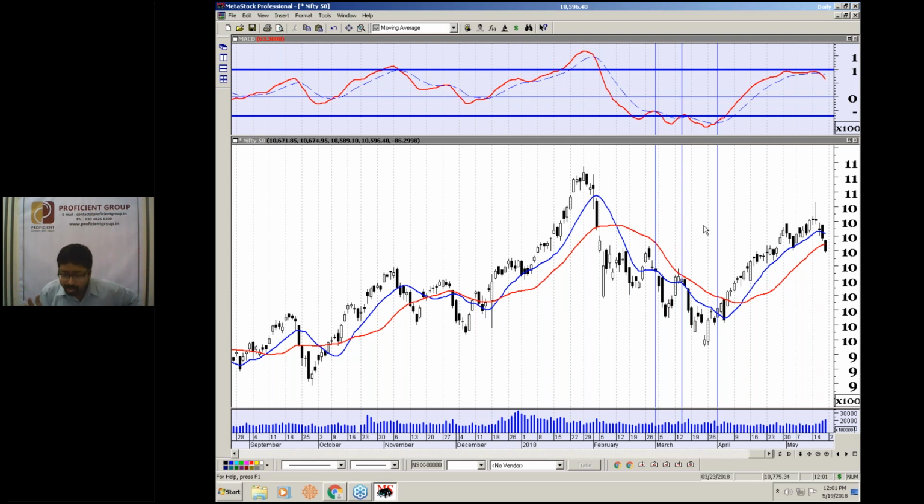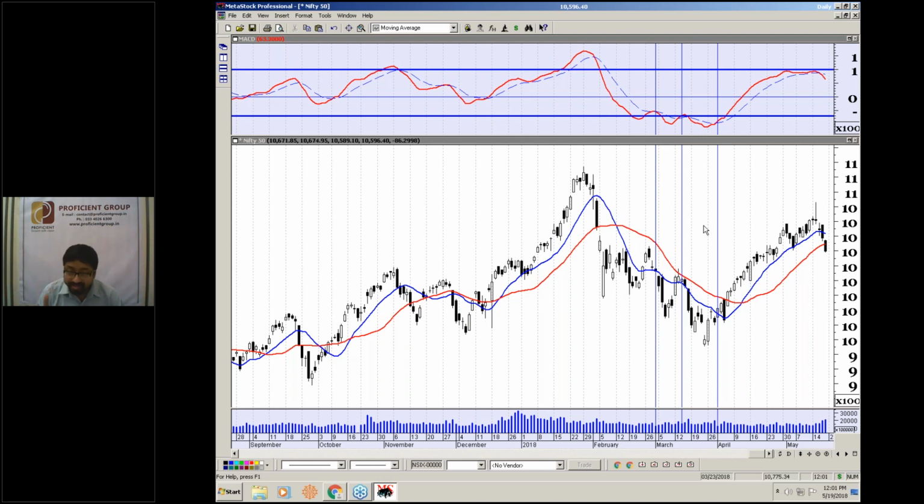And what are the major disadvantages of moving average? The major disadvantage of moving average is that they keep giving us whipsaw signals during a choppy trend. When there is no trend, it keeps giving us buy signals, sell signals, and all those things.